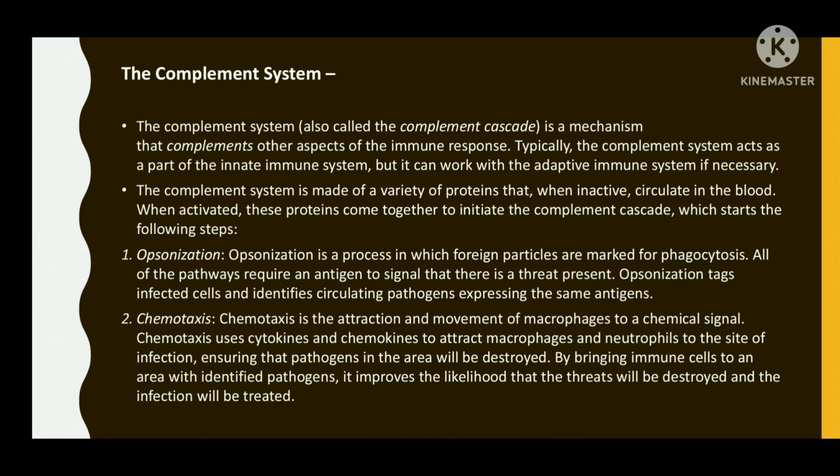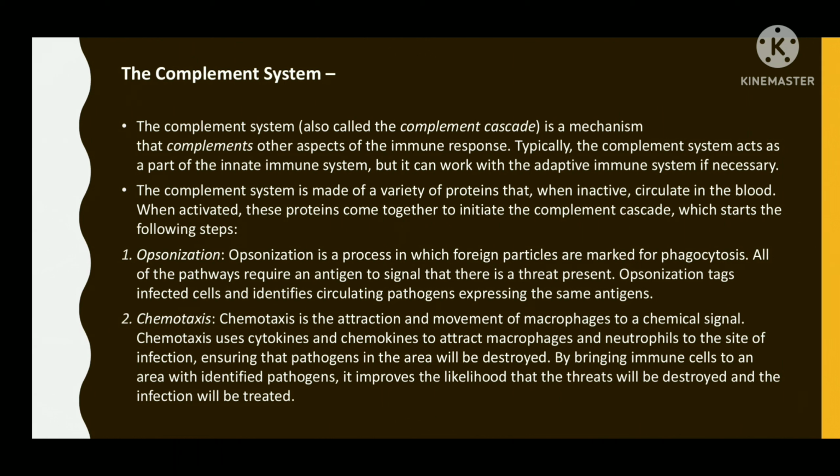Complement system, also known as complement cascade, is a mechanism that complements other aspects of the immune response. The complement cascade has the following steps: opsonization, chemotaxis, cell lysis, and agglutination. In opsonization, foreign particles are marked for phagocytosis to kill or destroy the foreign cells.